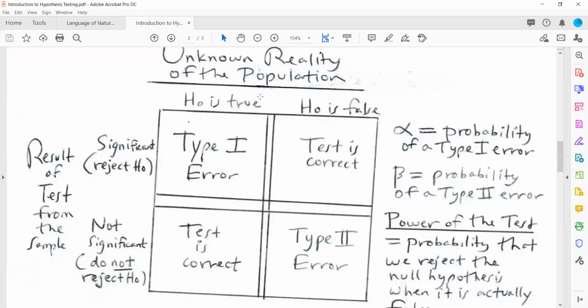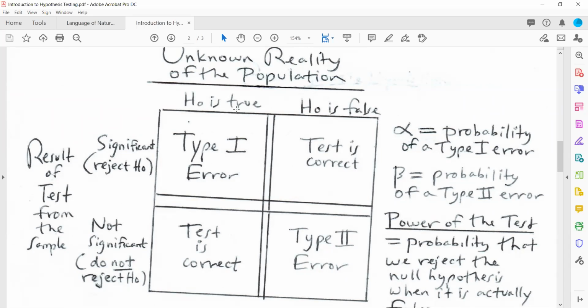So what do these 4 boxes represent? The 4 boxes represent the intersection of reality with the results of the test. For example, in the upper left box, what it says is that we're rejecting the null hypothesis, when in reality, the null hypothesis is true. Remember, we don't know whether it's true or false, but let's assume that it's true. If we're rejecting it as if it was false, but in reality it's true, that's an error.